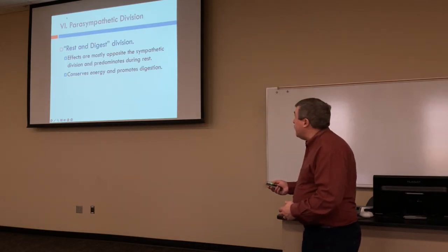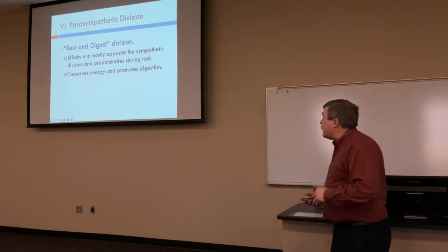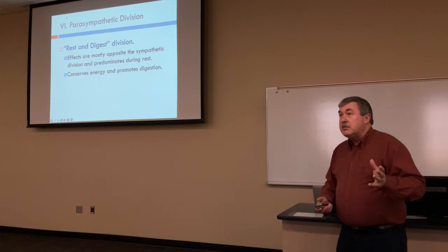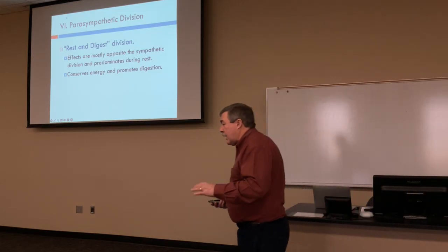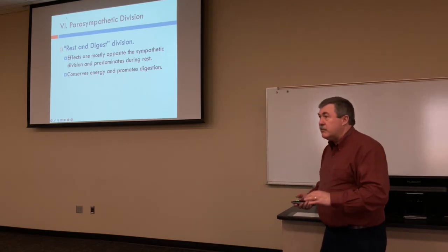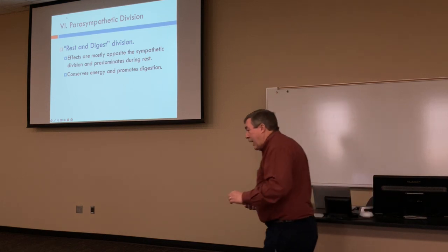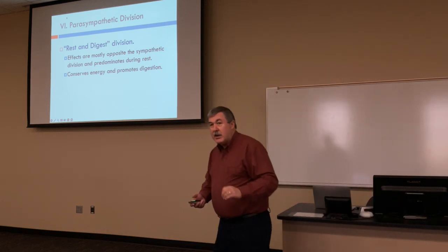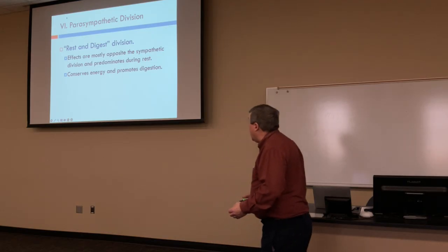Then the other division is the parasympathetic division. Besides being sometimes called the craniosacral division, it is also known as the rest and digest division, because the parasympathetic fibers are most active when a person is resting and digesting food.